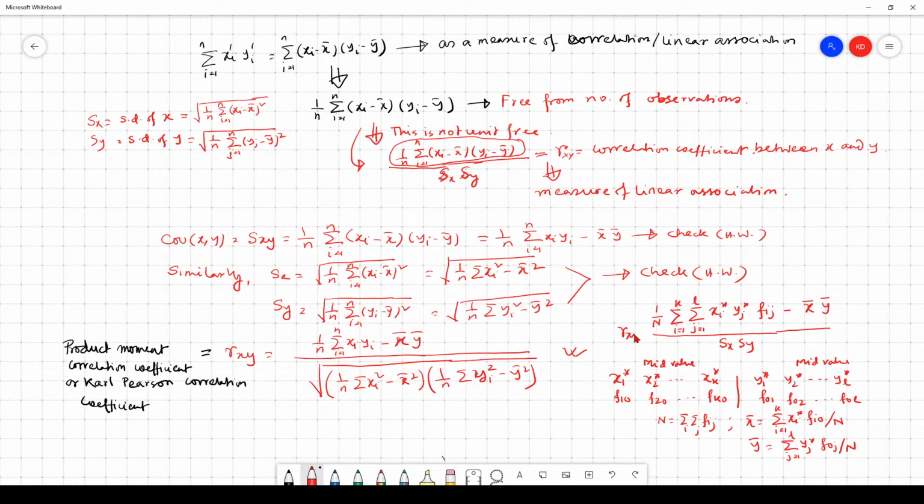This gives the product moment correlation coefficient between two variables x and y for grouped data.